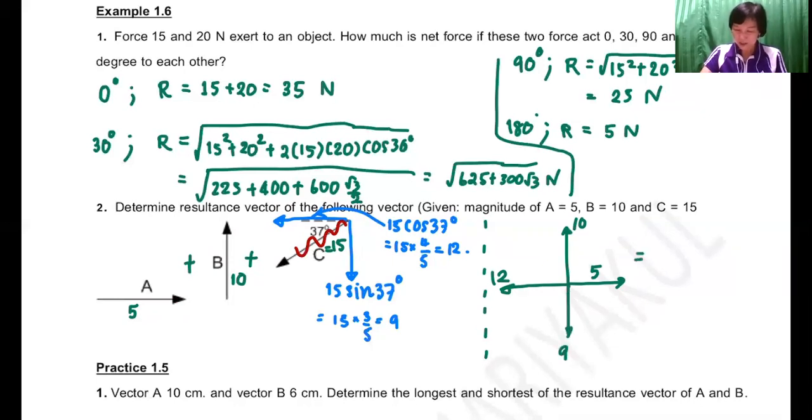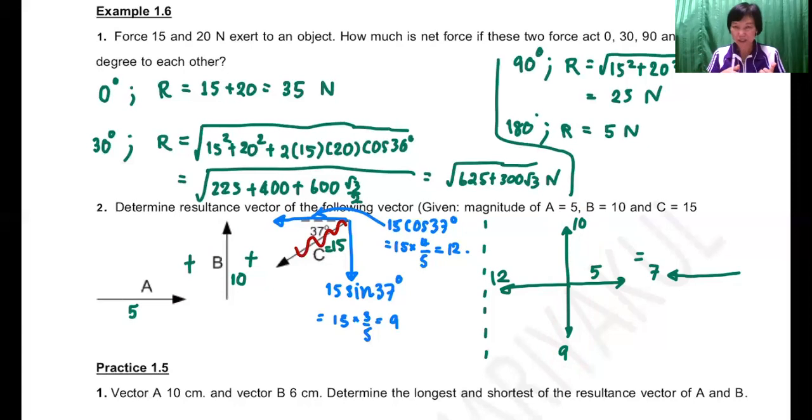Next we determine the resultant between the two vectors on the x-axis. The resultant should be 7 pointing to the left, because 12 units is greater than 5. And for the other two vectors, one points north and one points south, so they are 180 degrees against each other.